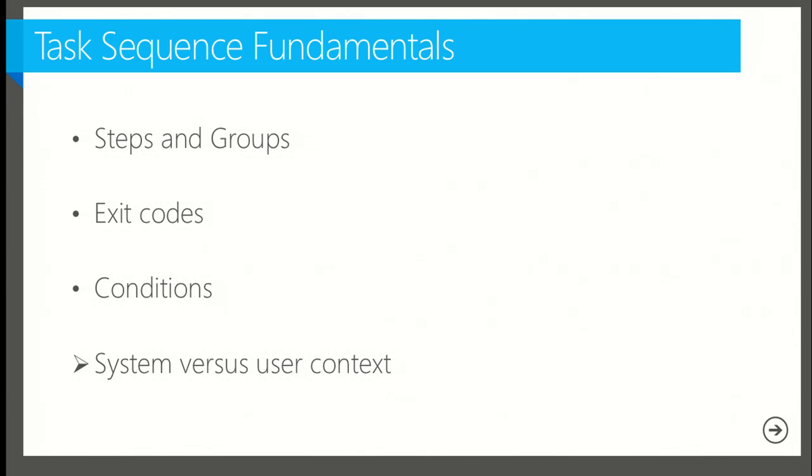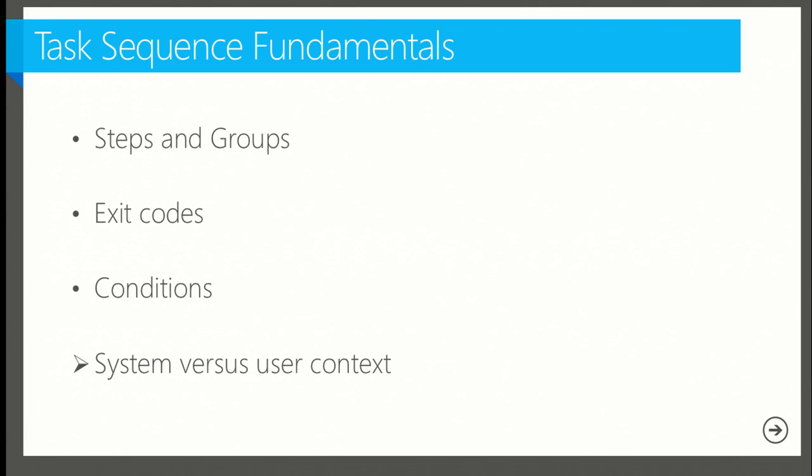And then I'll just make a note about the system versus user context. Whenever you're building out a deployment of packages or applications, if you don't already know this, when you create that deployment type, it is critical that you set the option to install as system, because task sequences don't allow end user interaction.